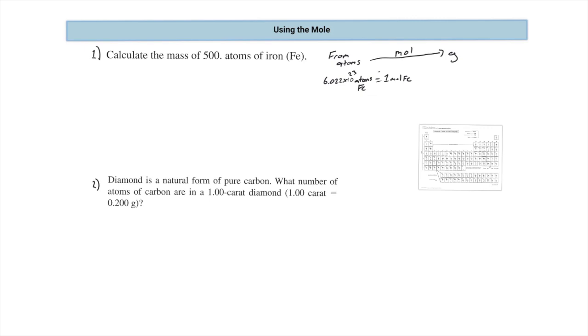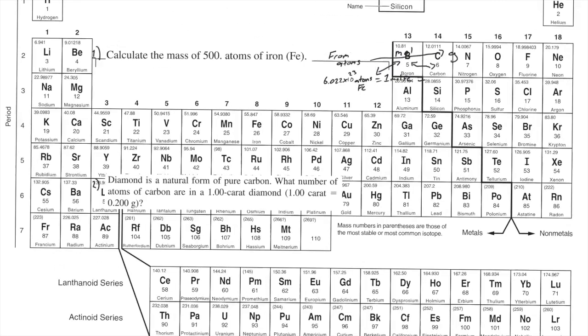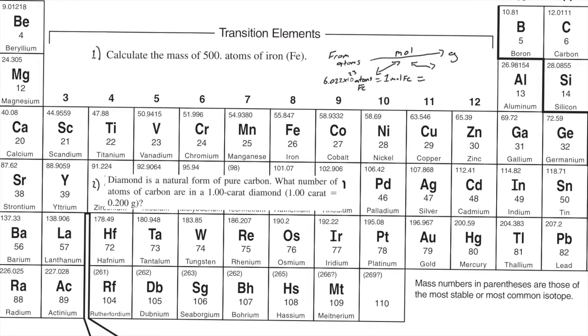So this is a 2-step conversion. We can go by saying 1 mole of iron is equal to, use our periodic table, I forget what the number was, 55.847 grams.